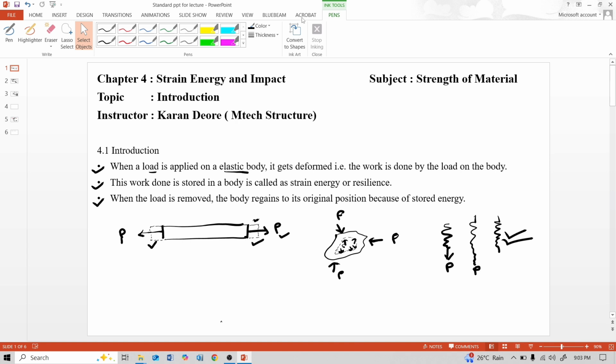Due to this P load, there is work applied on this body, and due to it there is deformation in this body. Deformation means change in length upon original length. Energy is stored due to the applied load, and this work done stored in a body is called strain energy or resilience.